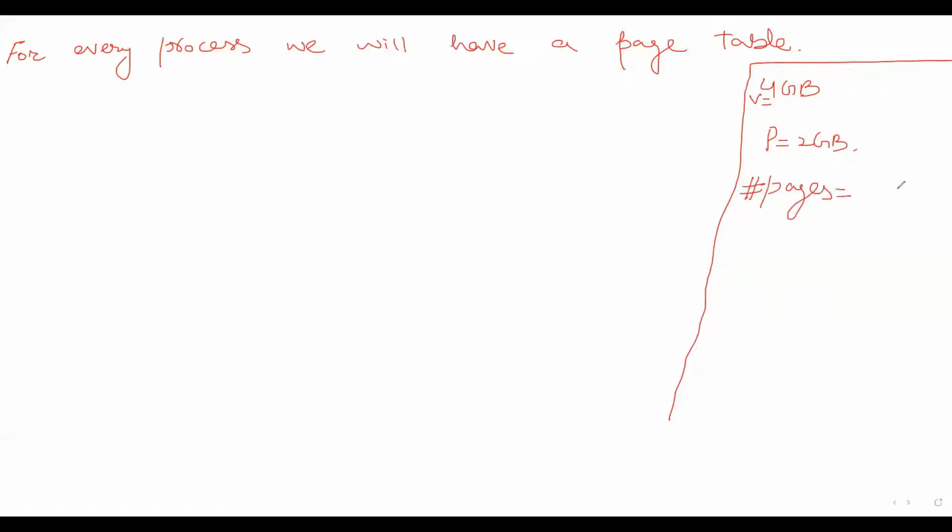For every process, how many pages will be there? Let's say each page is of size 4 KB. So the number of pages will be 4 GB divided by 4 KB. Okay, this is equal to 4 into 2 raised to the power 30 divided by 4 into 2 raised to the power 10. It is 2 raised to the power 20.